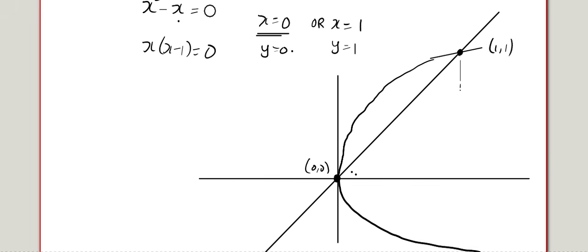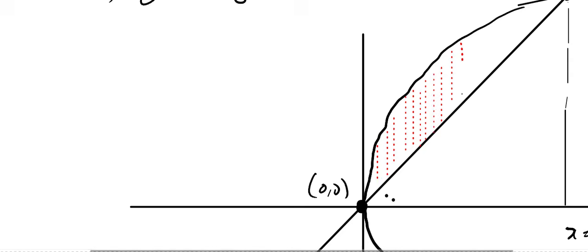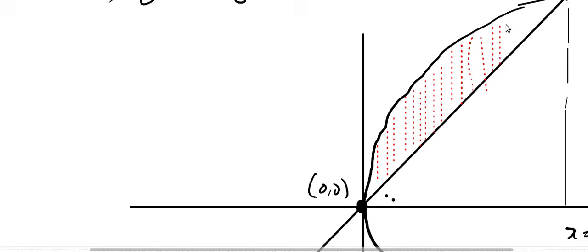Okay, and that tells me here I have to mark x equal to 1, and for my convenience I am going to take a vertical strip. So I am assuming all the points are aligned parallel to the y-axis.